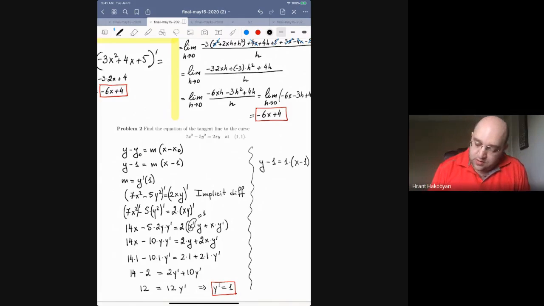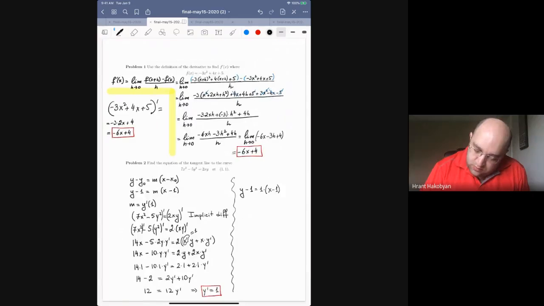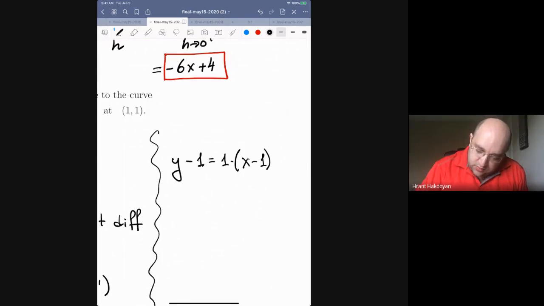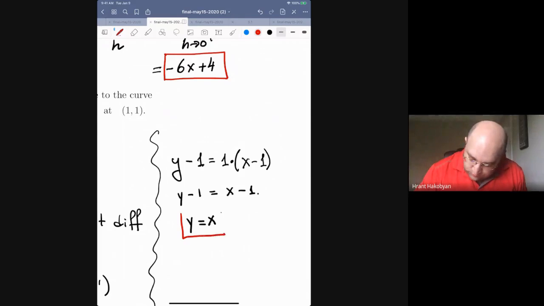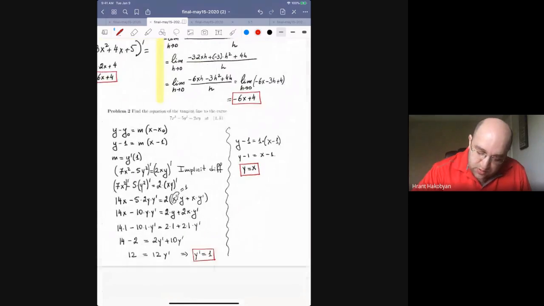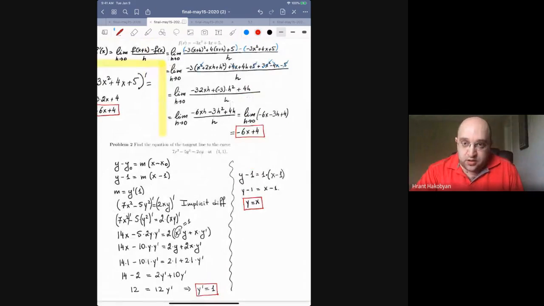That means y minus 1 is equal to x minus 1, and you can leave it like this, or you can just write that y is equal to x, and that's your equation. So that's the equation of the tangent line to this function at that point. Are there any questions?